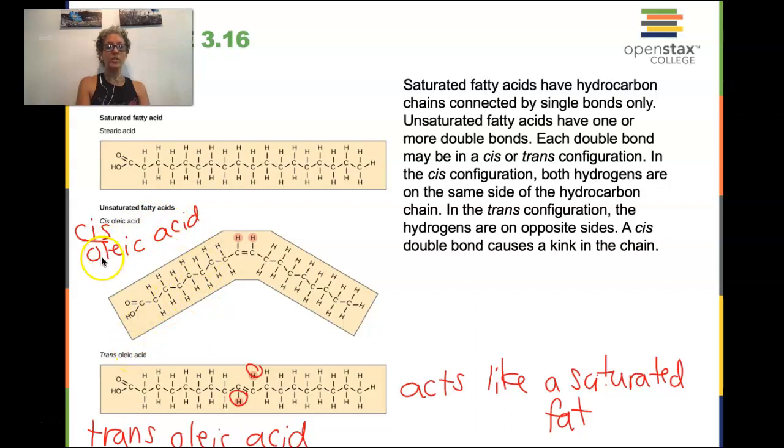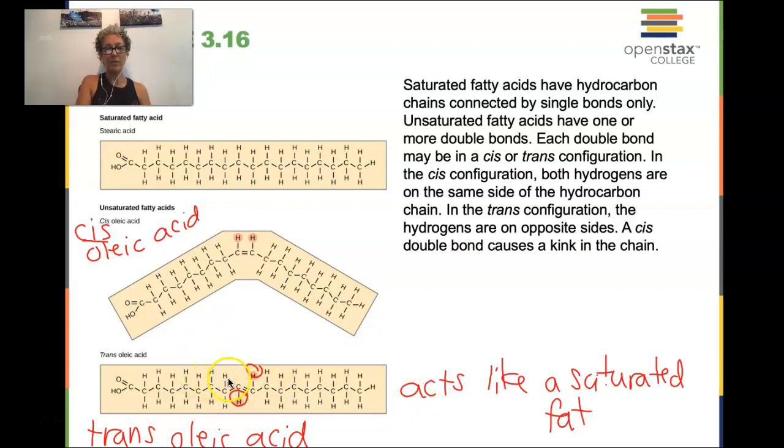But with cis-oleic acid, because both hydrogens are on one side of that double bond, that's where we're getting that bend in the molecule because of the crowding and getting both hydrogens on one side. Trans-oleic acid, we have one hydrogen below and one hydrogen above that double bond, and that straightens the molecule out somewhat.